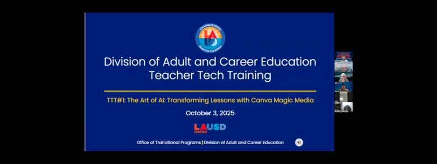And tools like Canva AI and Magic Media help remove barriers by making it easier to create visuals that are relevant, meaningful, and tailored to our students. So again, we hope that today's session not only strengthens your digital skills, but also sparks new ideas for using AI powered visuals in your teaching practice. So welcome again.